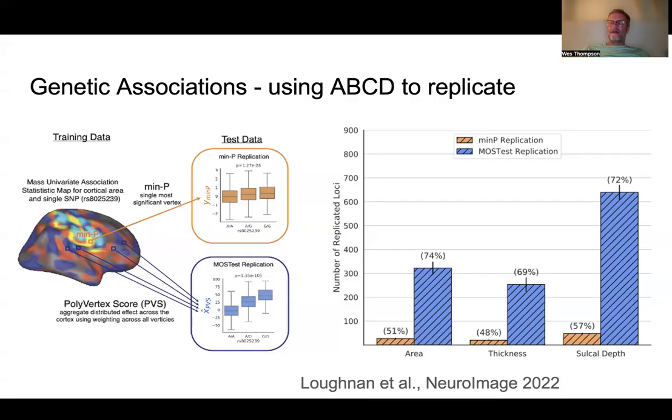You can also create polyvertex scores, which aggregate effects across the cortex using weighting across the vertices. That's another way to increase power. If you're interested in that, take a look at this Lofman paper for more details.